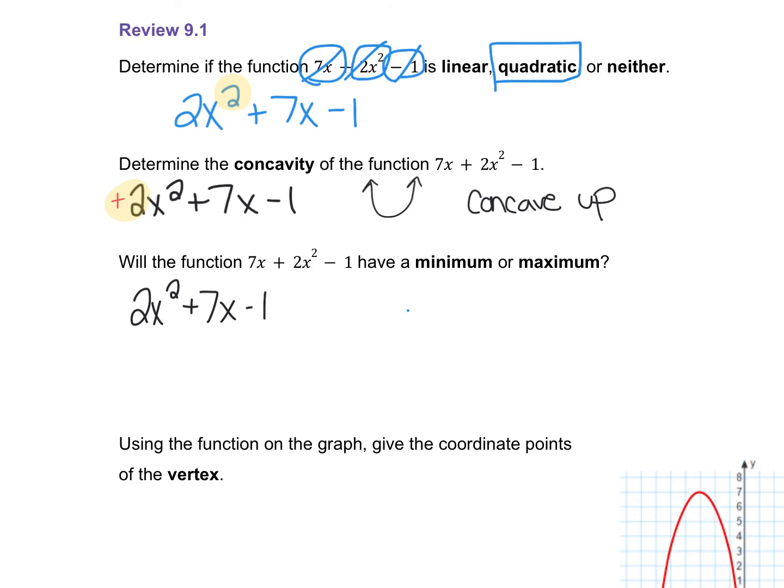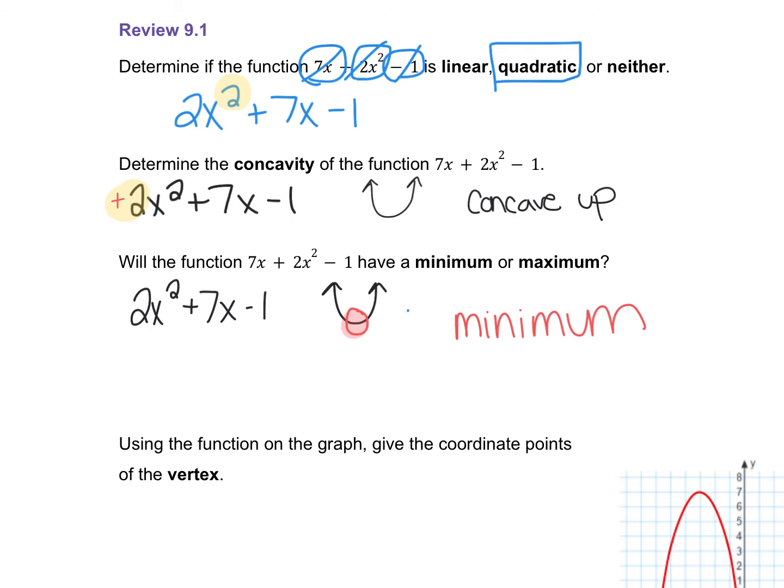We knew that it was concave up, and if it's concave up, is my vertex going to be at the top or the bottom? It's going to be at the bottom, which means we will have a minimum, because it would be down here.